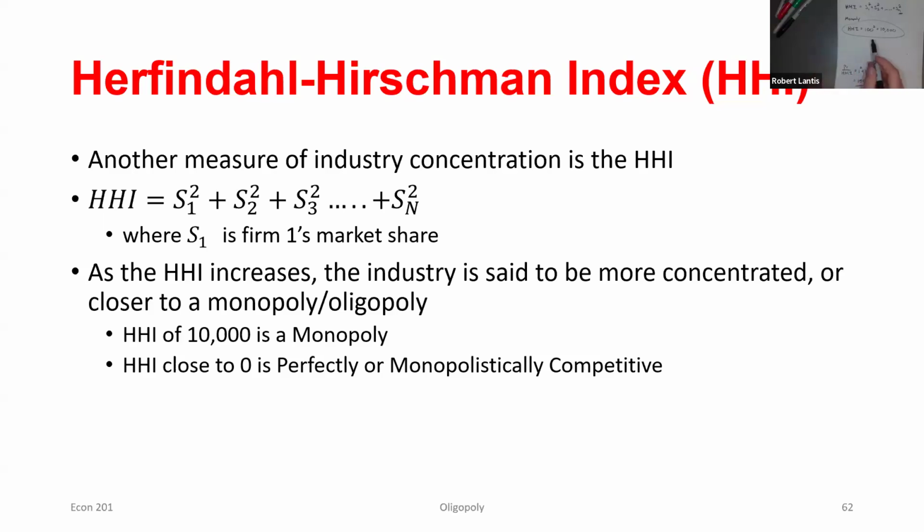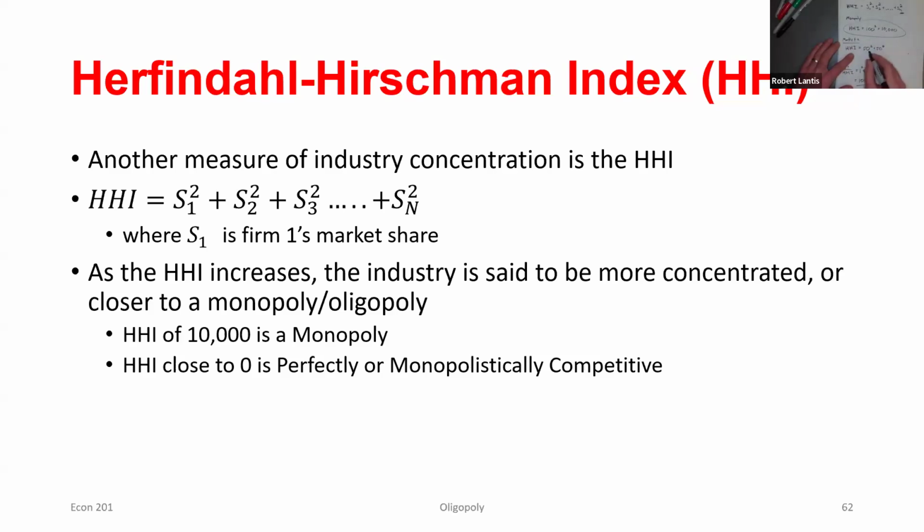So why might we like this HHI measure? Let's call this market 2. Let's say I have 2 firms and they're sharing the market equally. What would my HHI be for that market? If they're sharing it evenly, there's 2 firms. What's the market share of each firm? 50%.